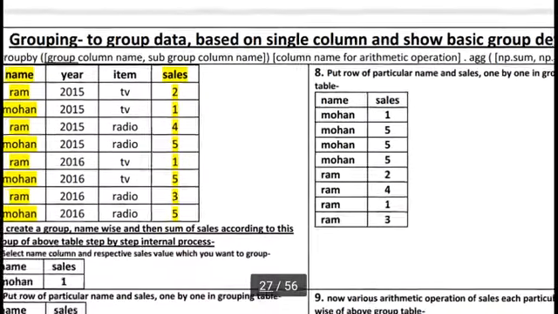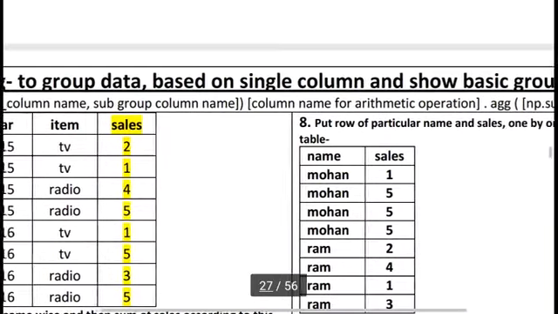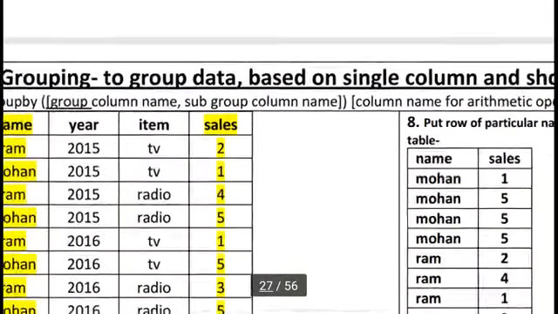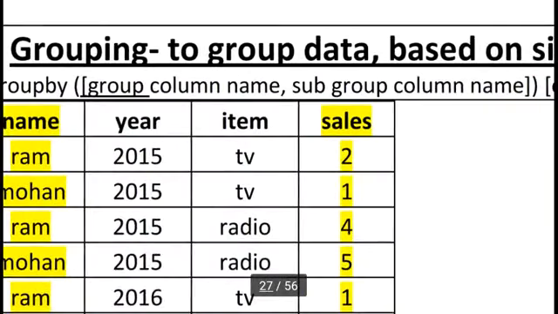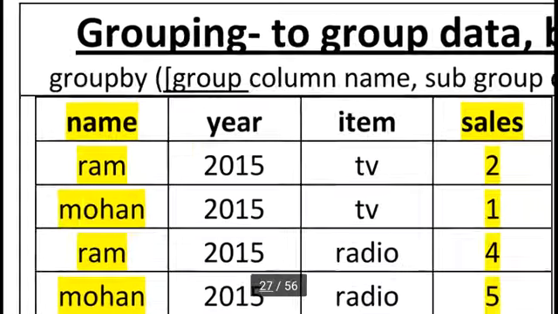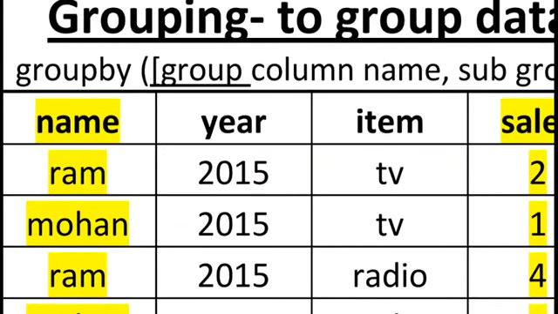Grouping means to group our data based on a single column and show basic group details. So here I am writing groupby, group column name. Last time I used pivot_table, but here our purpose is changed. Here I am writing groupby.